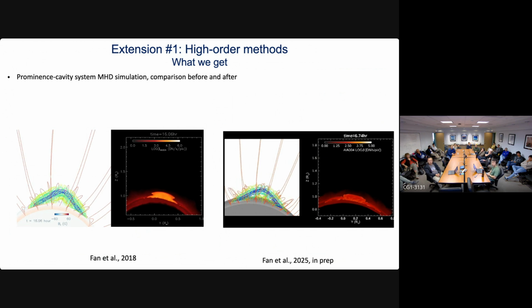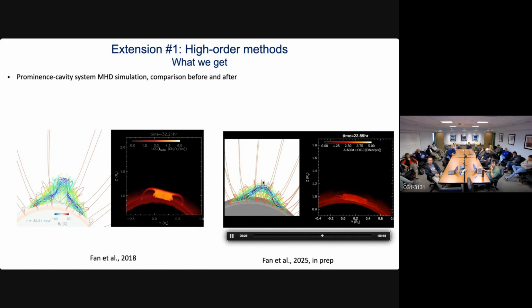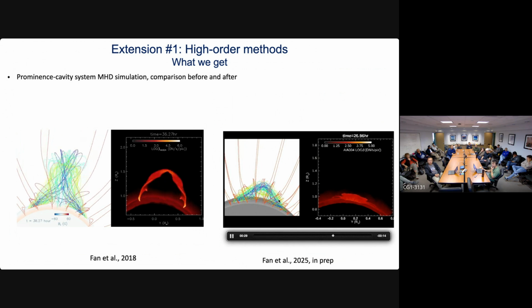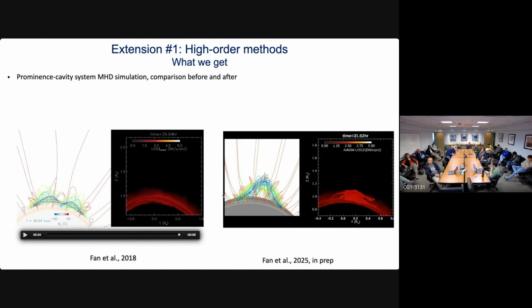These two simulations are basically similar, but we have several parameters different. The simulation domain is different, and I think the right one is a little bit higher resolution because we are using a smaller domain compared with this one. So the eruption time can be different.